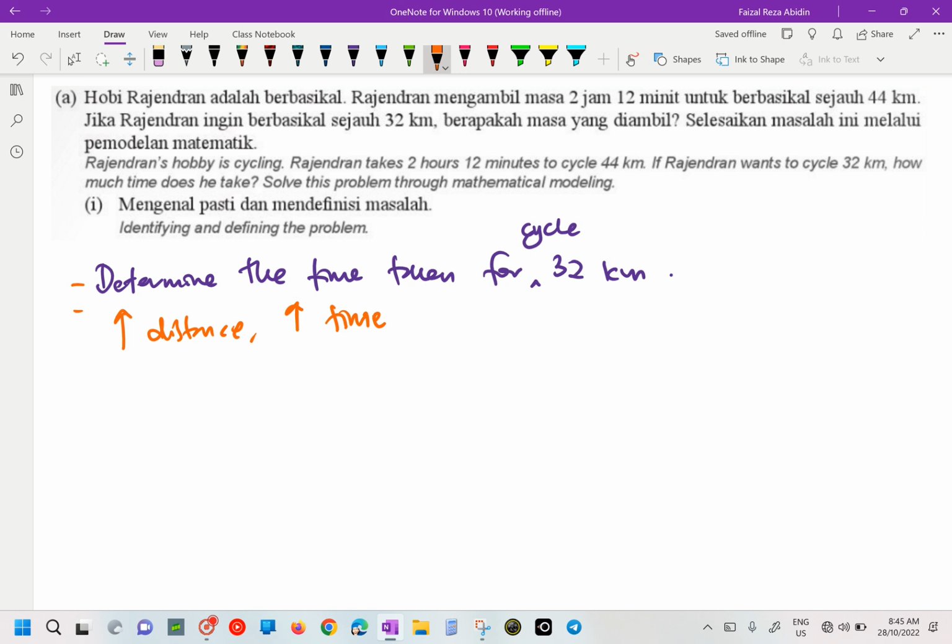So if we have 32 kilometer, we are going to get less than 2 hours and 12 minutes over here. That defines our problem, isn't it? Yes. The longer the distance, the longer the time taken.